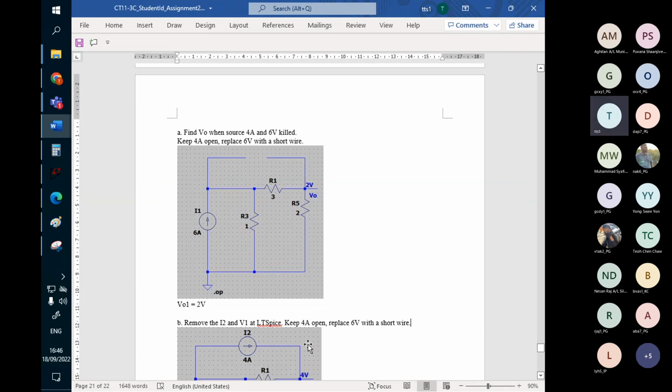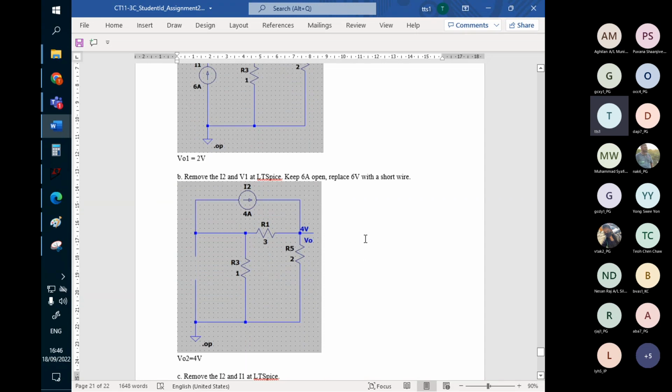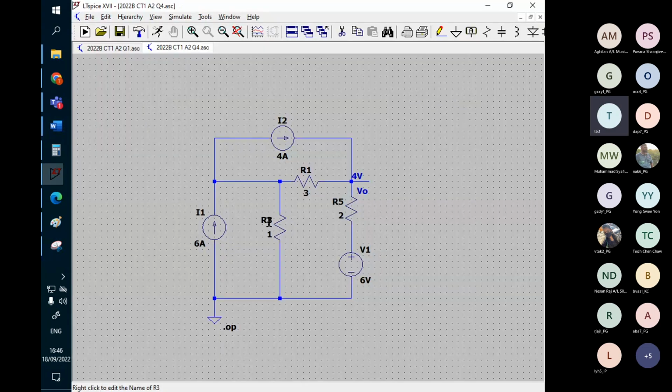Keep the 6 amp open, replace 6 volt with a short wire, for the same. And for this step, we remove these two current sources. We leave only the voltage source here.